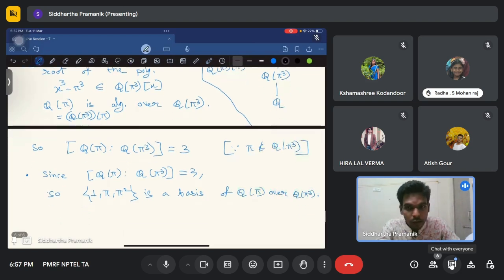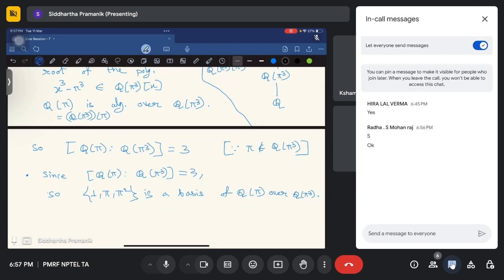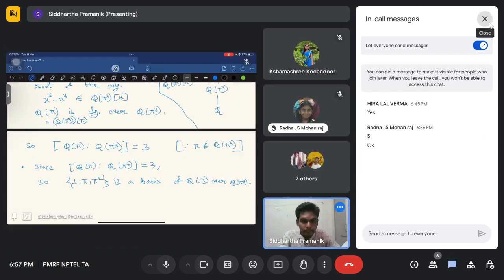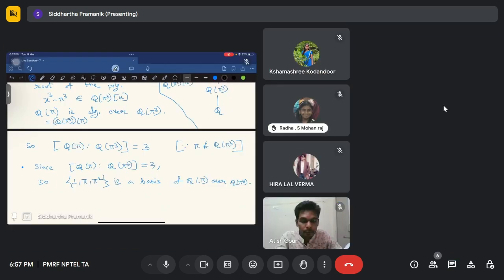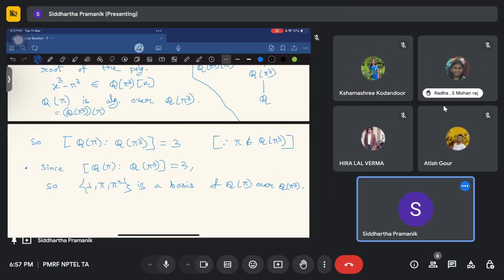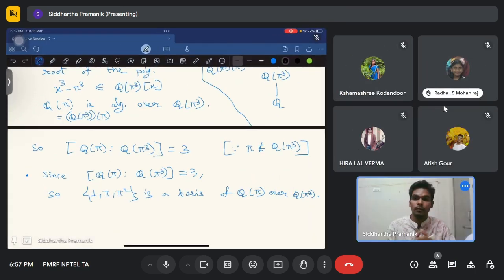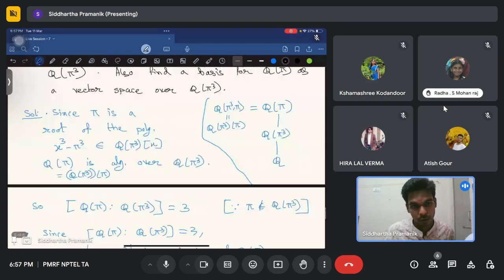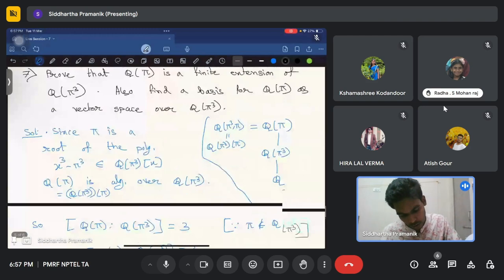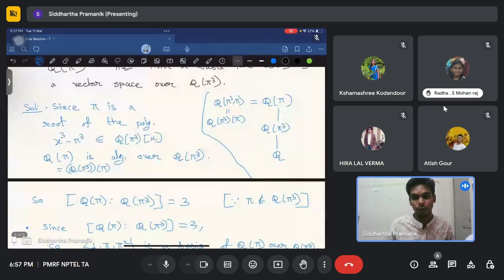Okay, any other doubts? If no, then let's do some problems on the degree of the extension. I hope then it will be much more clear.